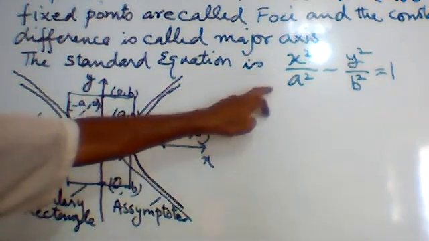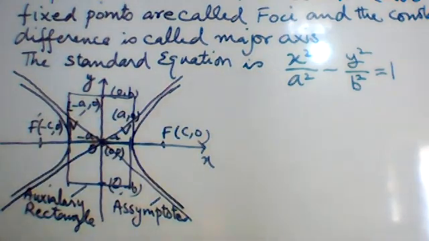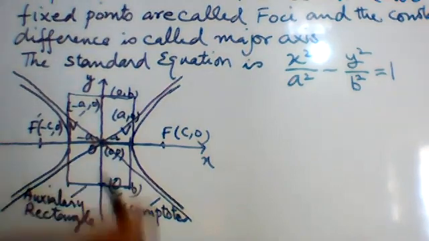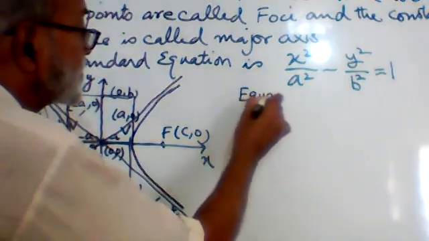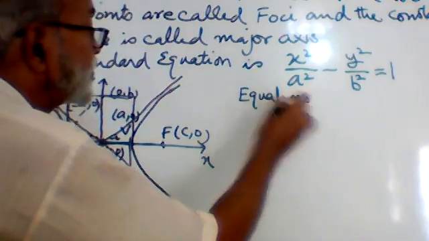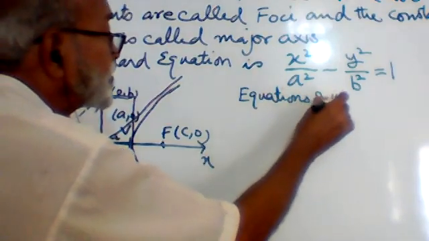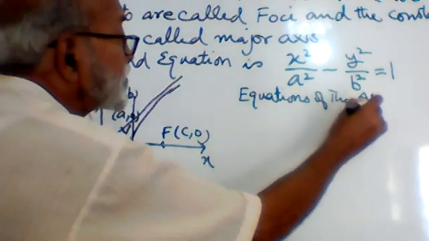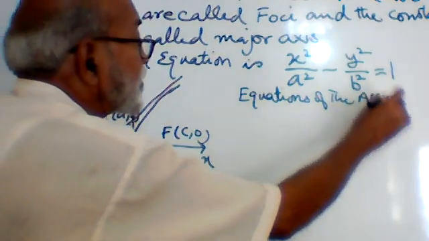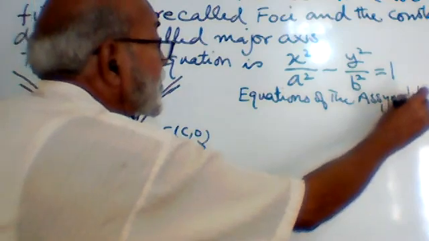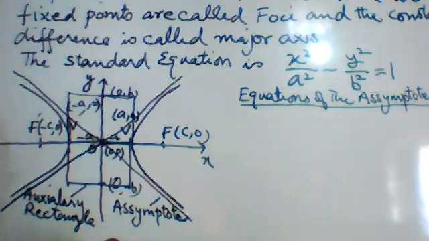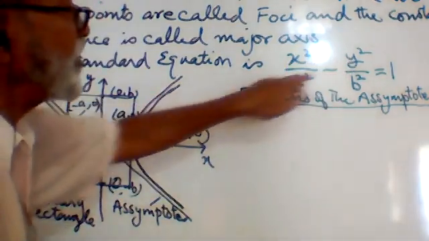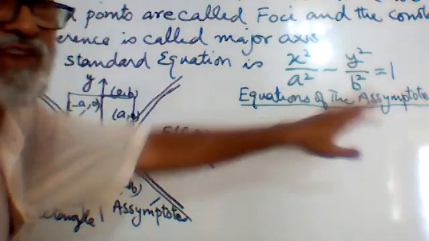And the equation is this one, the standard equation. We can find the equation of the asymptotes. First we'll find the standard equation of the hyperbola, x square upon a square minus y square upon b square equal to 1.